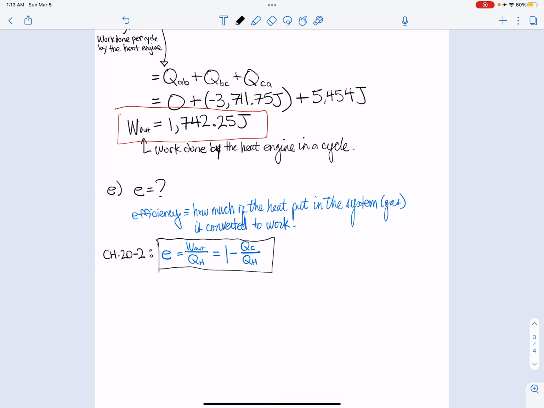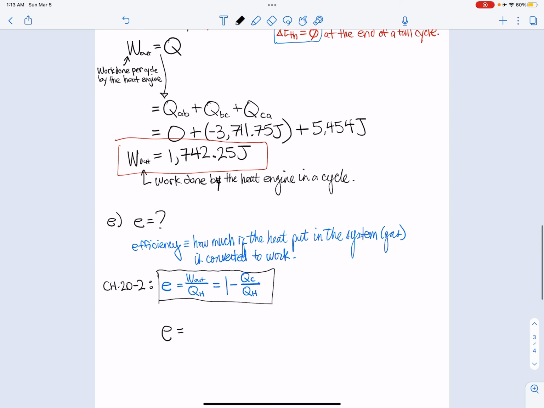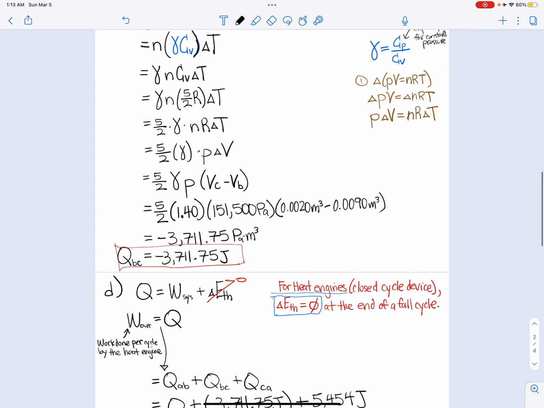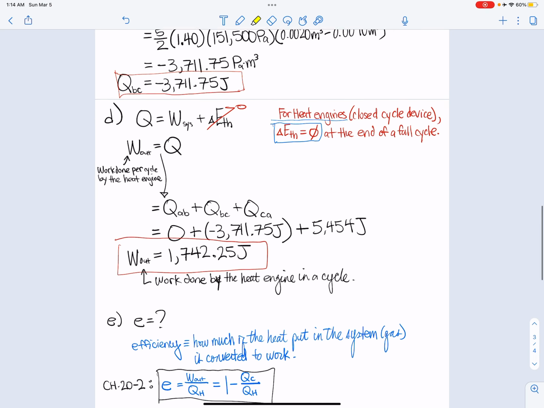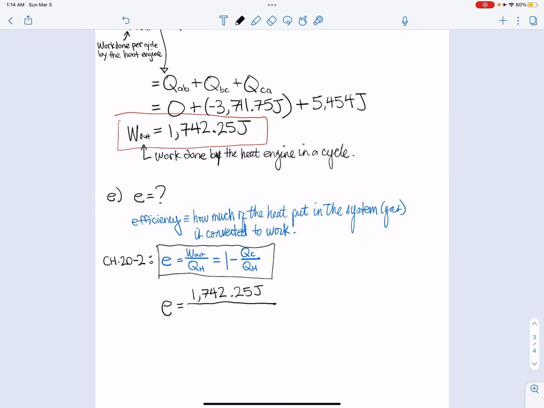Funny enough, we already calculated everything here. Our work out, as we calculated in part D, is equal to 1,742.25 joules divided by the heat that entered the system, QH, which was our positive 5,454 joules from part B. If you plug that in the calculator, that is equal to 0.3194.